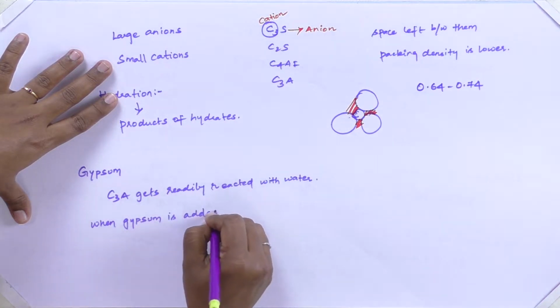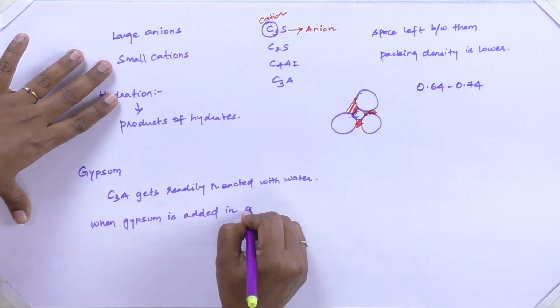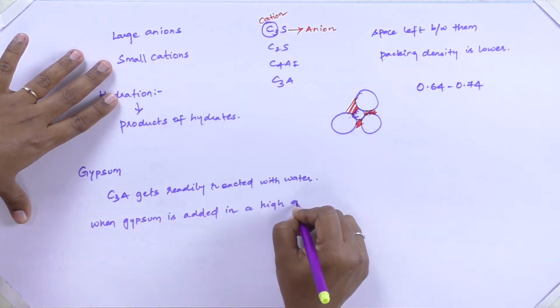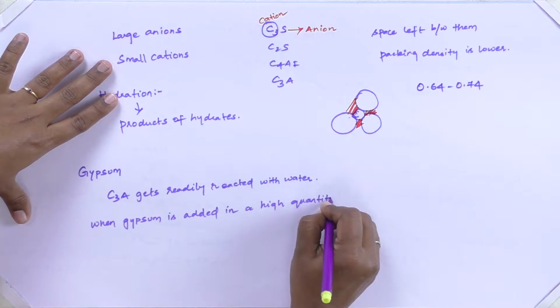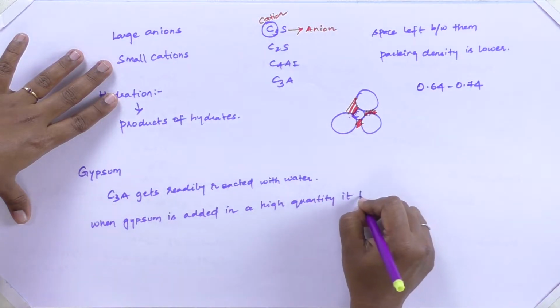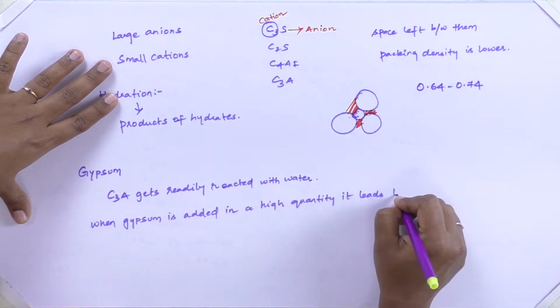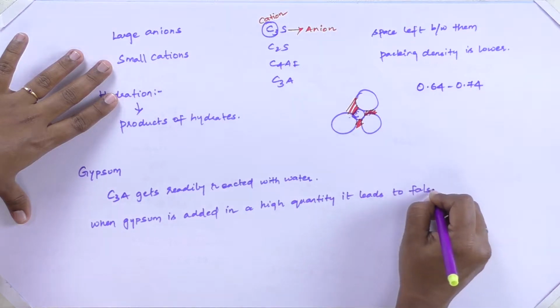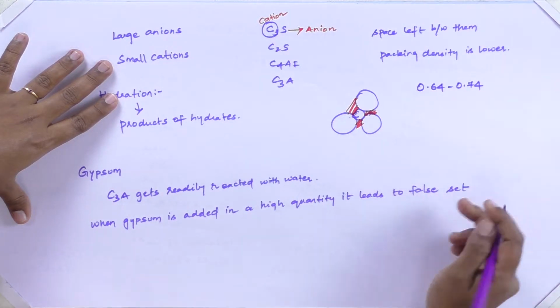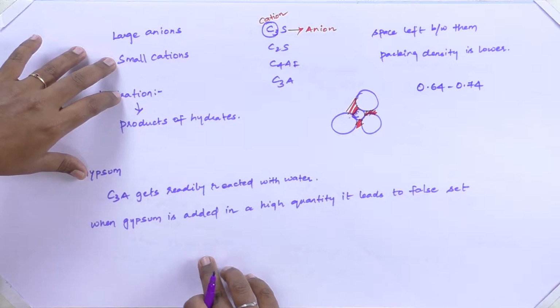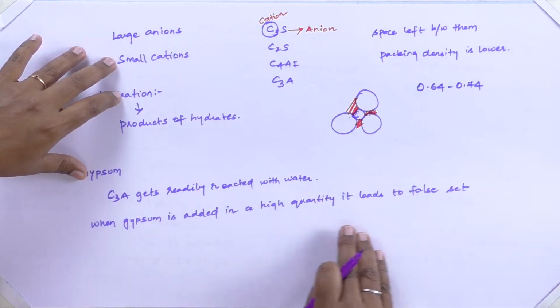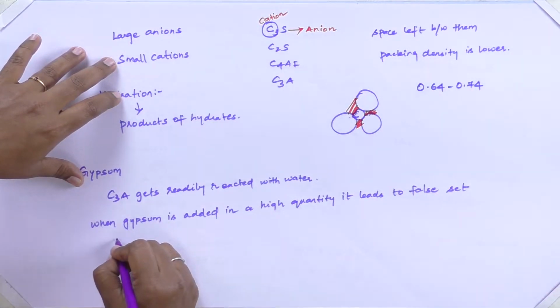When gypsum is added in a high quantity, it leads to a false set.